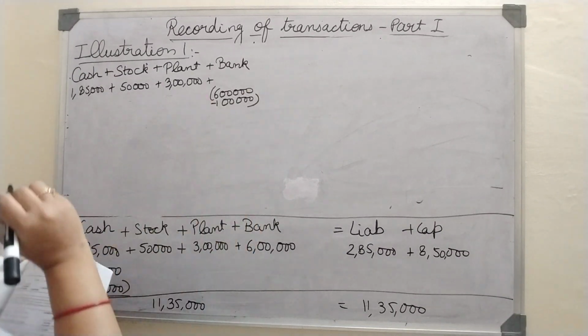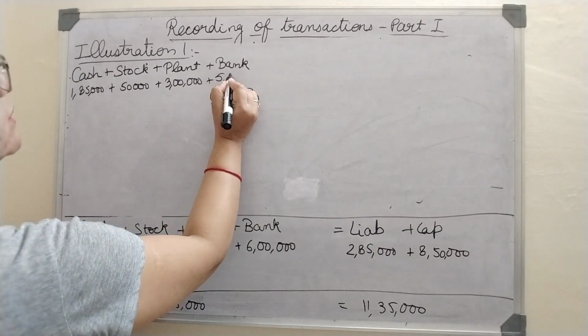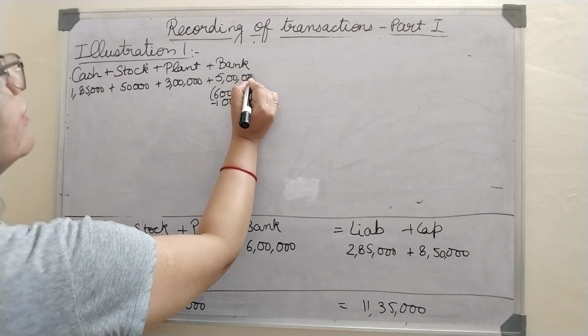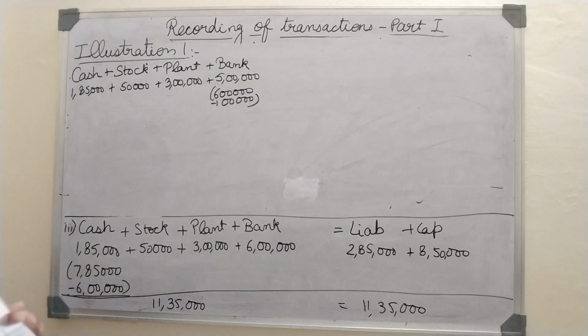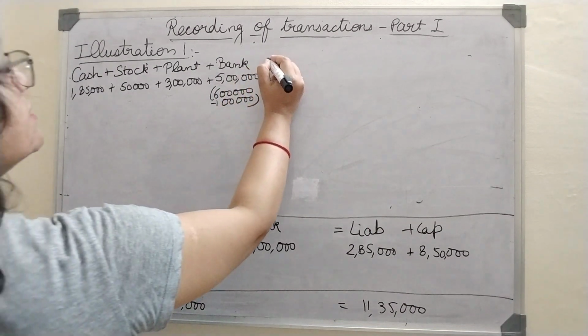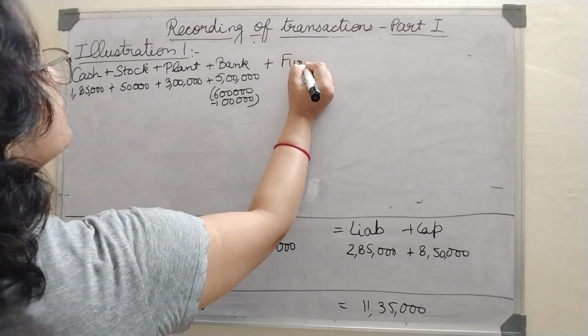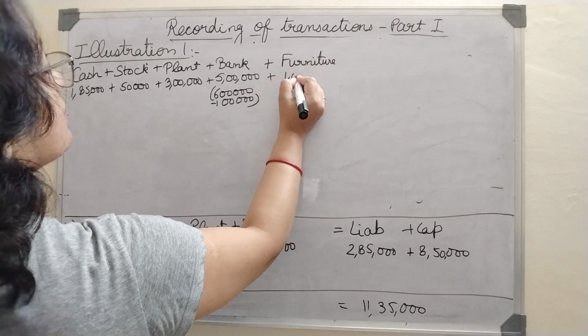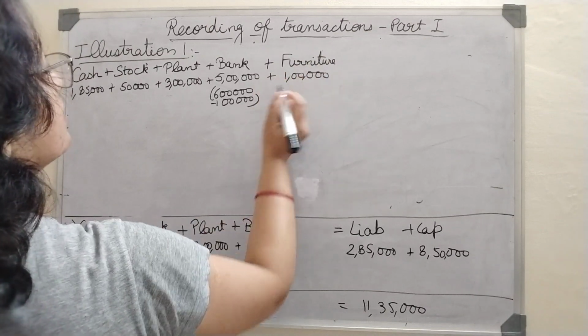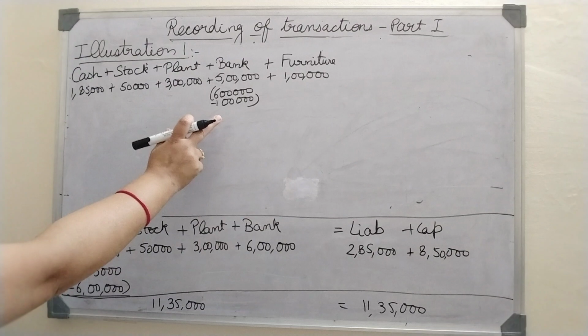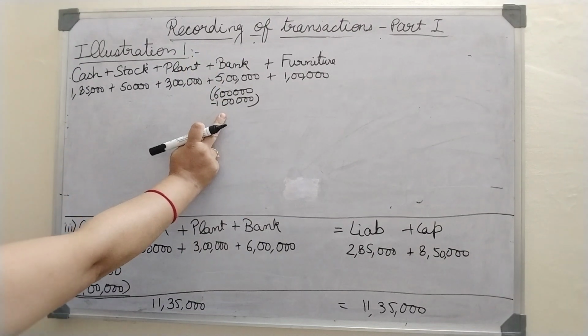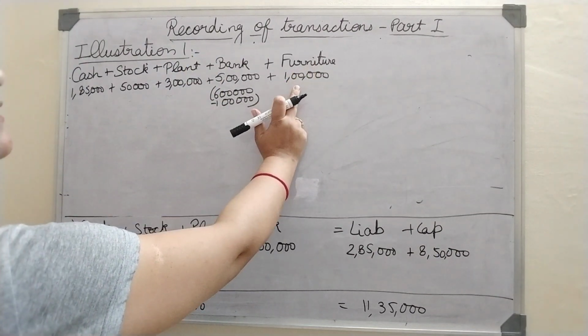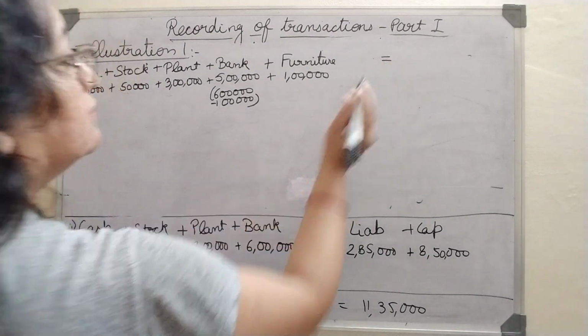This has to be subtracted. So bank will become how much? 5 lakh, right? Now along with bank one more thing is purchased, that is furniture. So furniture is added in asset side which is 1 lakh. Are you noticing it? So this transaction, how it is affected? From one side 1 lakh is deducted and one more asset is added, that is 1 lakh, right?